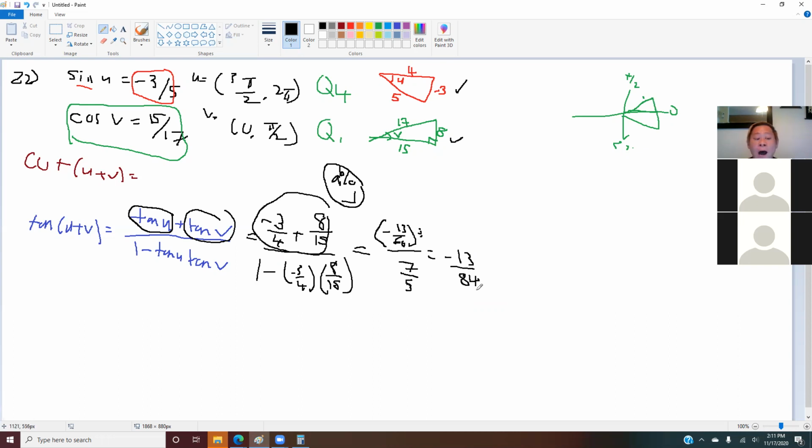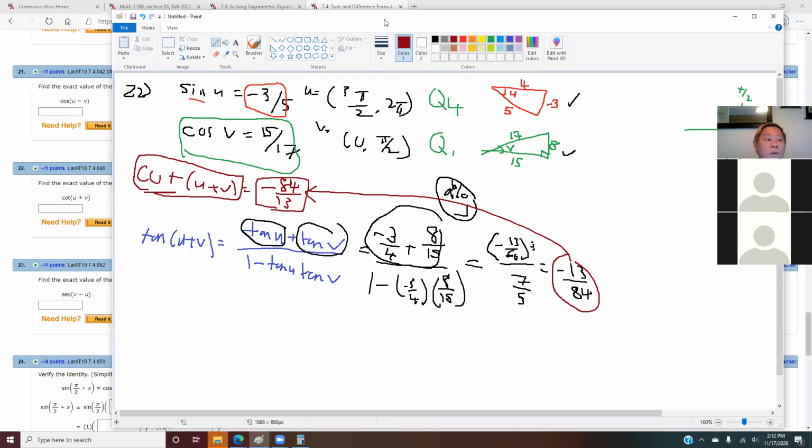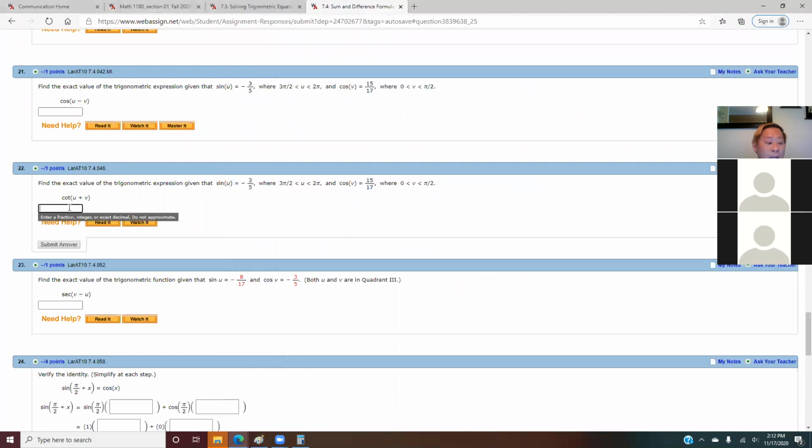And this is not your answer because your answer is asking for cotangent. What you found is a tangent. So what you do with this is you flip it. So your answer in this case is negative 84 over 13. So this is how we do question number 22, negative 84 over 13.